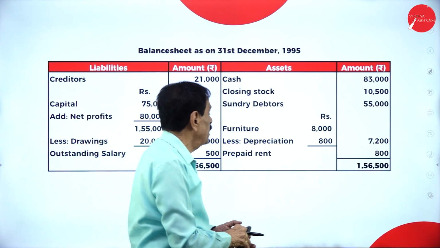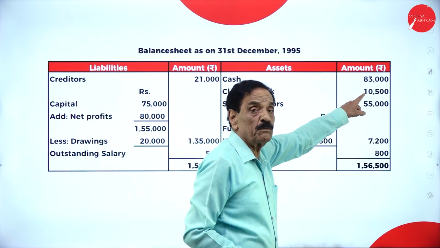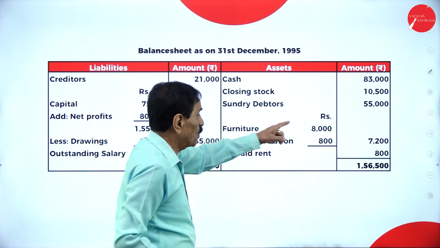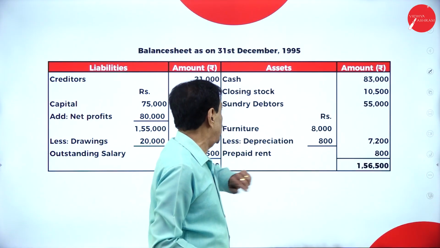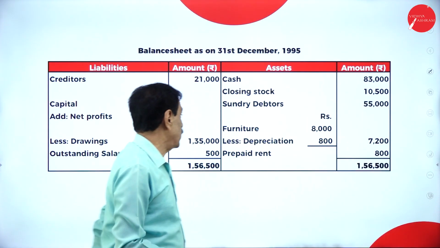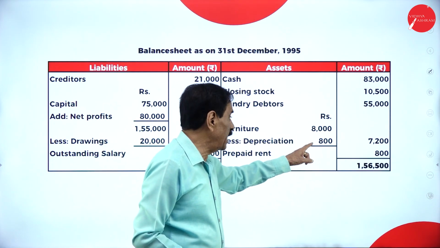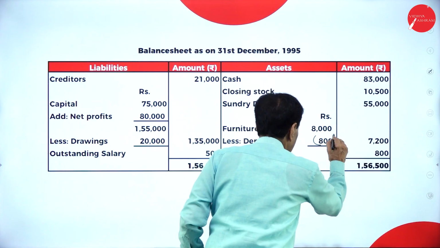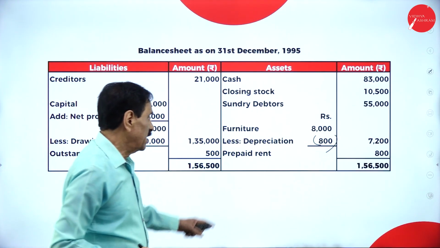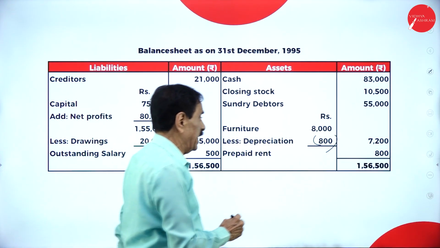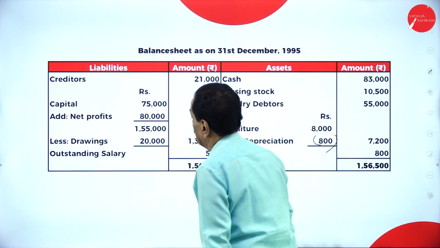Come back to balance sheet. Your closing cash as per the cash book is 83,000. Your closing stock is 10,500. Debtor is 55,000. Furniture is 8,000. Depreciation is 800 gone. It is 7,200. Your prepaid rent is 800. So 1,56,500.